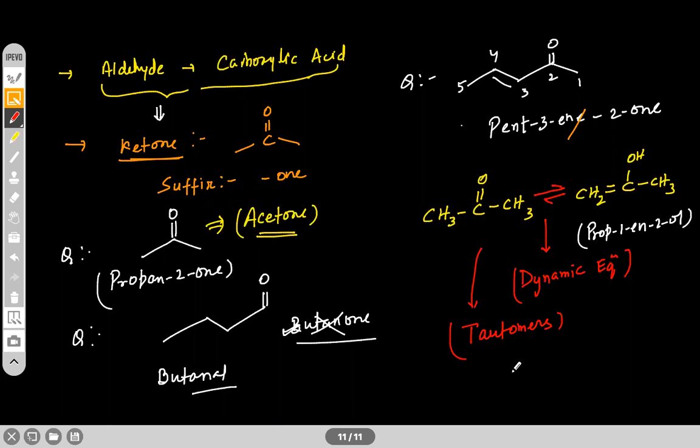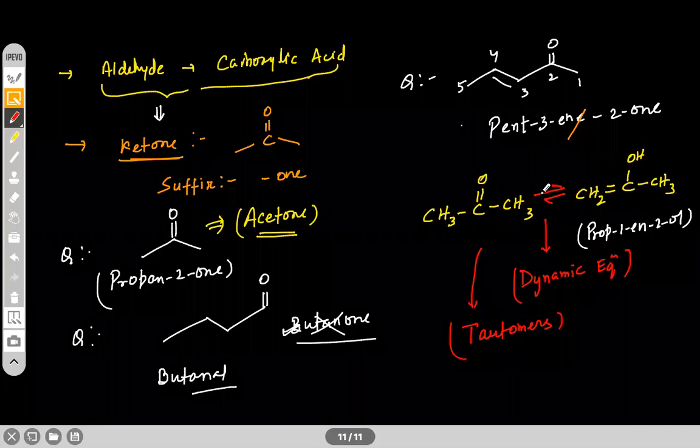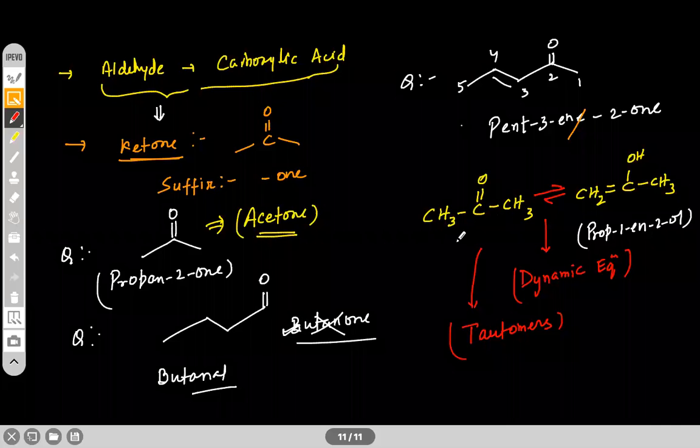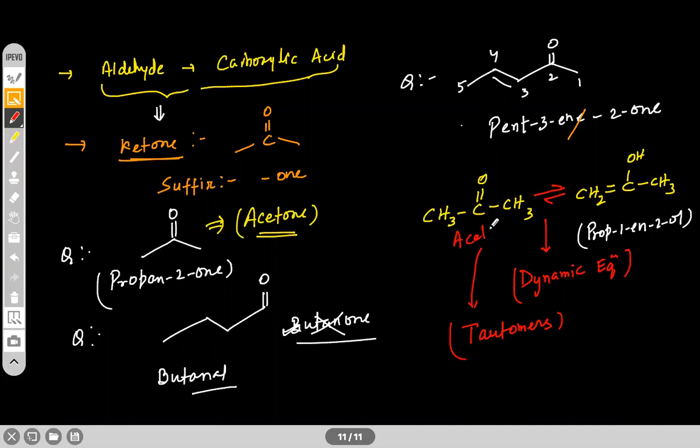You know what is dynamic equilibrium? What is the other type of equilibrium we have? Static. Okay. So this is a dynamic equilibrium. These two are tautomers of each other. Actually, this is converting into this, and this is also converting into this. The name of this is acetone, right?